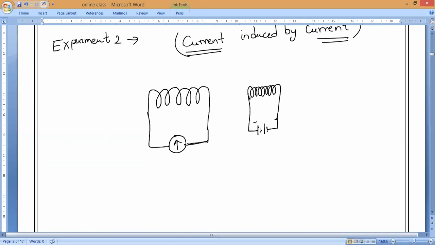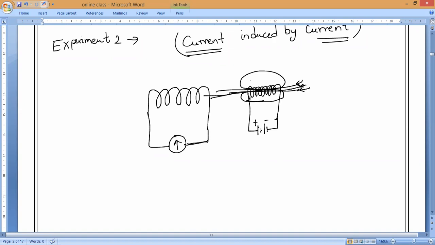When current is passing in this solenoid, as we know, how is the magnetism formed? It will be formed similar to a bar magnet. Yes or no, guys? Please respond. It forms a magnetic field similar to a bar magnet, and the magnetic field keeps moving like this. Will you accept it or not? Solenoid, you all know. Yes?